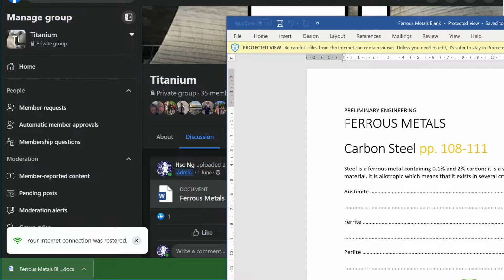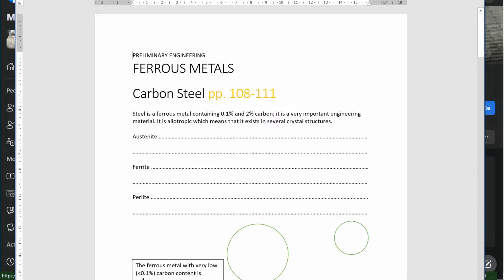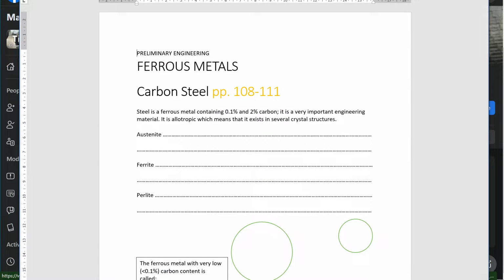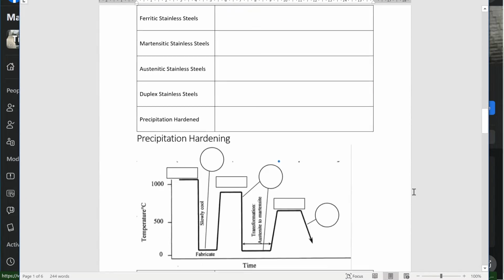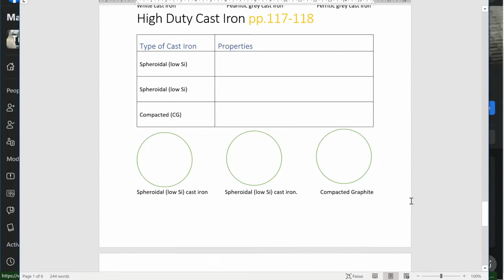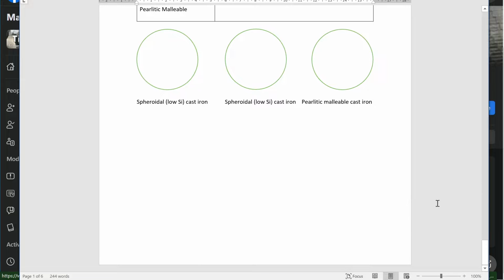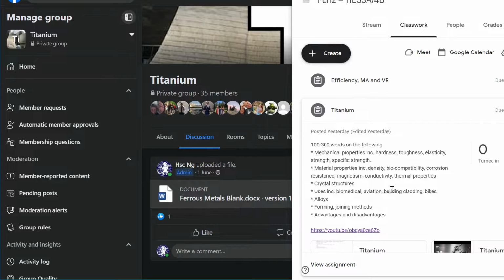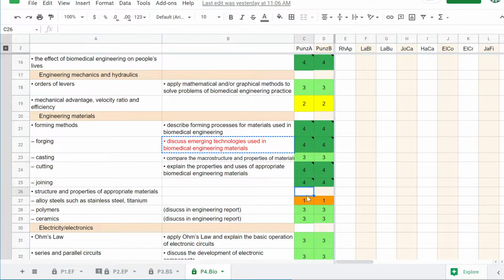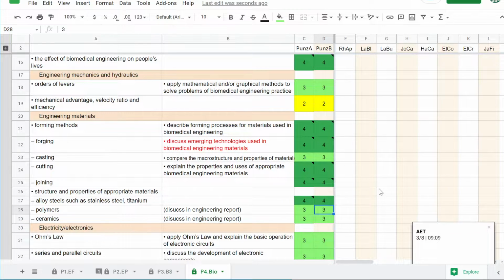We went through it just before our assessment period. There's a video that explains the entire document. It covers our steel alloys, cast iron, and stainless steel. So all of that should be there. So we've covered that, and I can now say that we've done titanium.